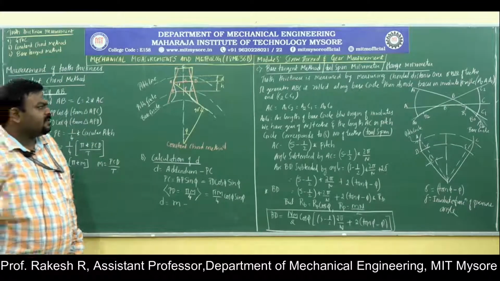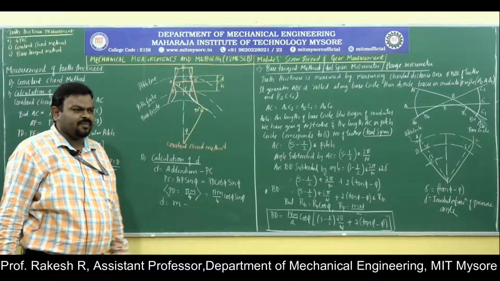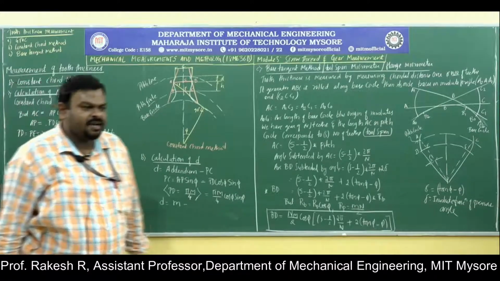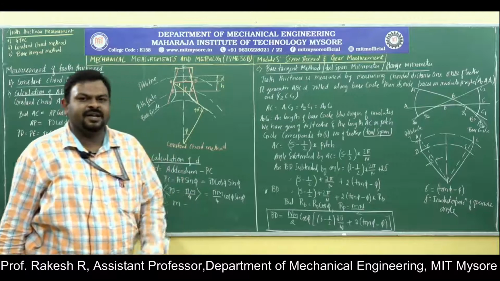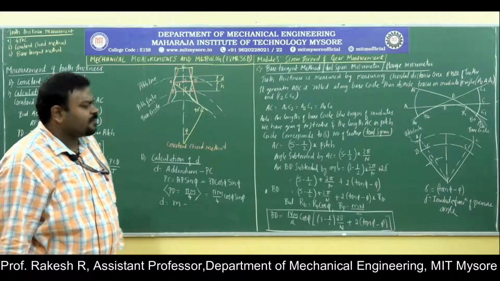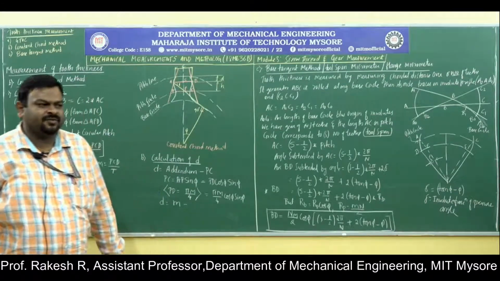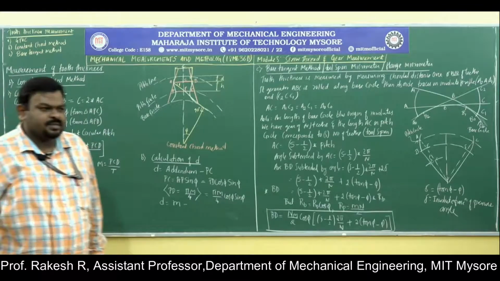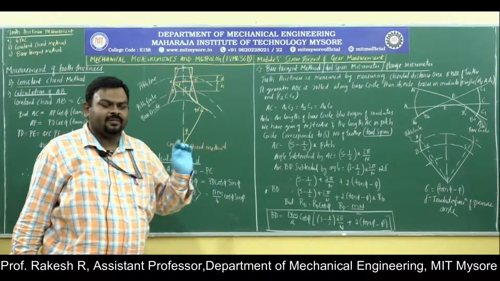There are several instruments available for gear tooth measurements. Among them, gear tooth vernier calipers is one of the easiest ways to measure a gear tooth. Also, you can measure the gear tooth in a profile projector, but the accuracy goes on increasing from one method to another.